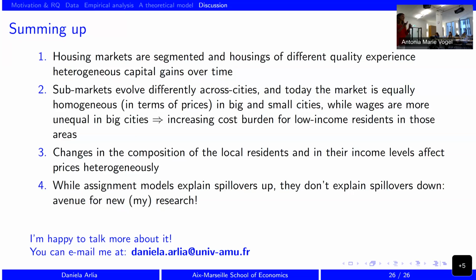It's because when the supply of housing doesn't match the demand, so there is not enough supply for that segment of the demand, then this will generate spillover down the distribution, because the abstract workers will take first the housing at the top, and then if there is no more housing at the top, they will take housing down the distribution, and this is going to lead to an increase in prices also at the bottom.